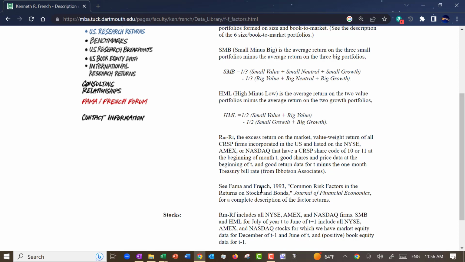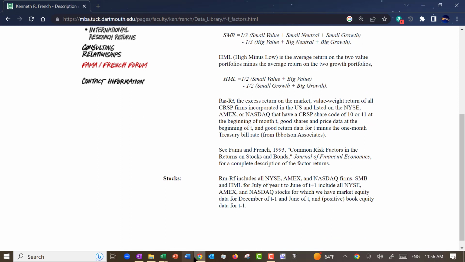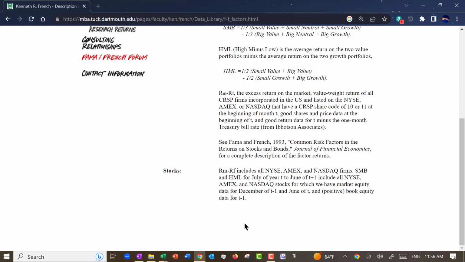That's what they mean by CRSP code of 10 or 11. And I don't think it includes ADRs, but it doesn't matter.